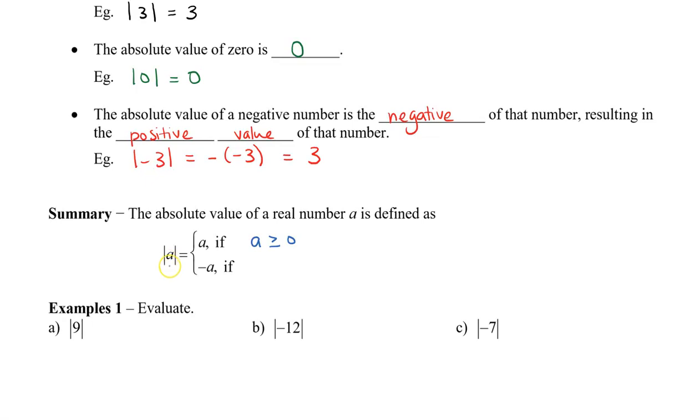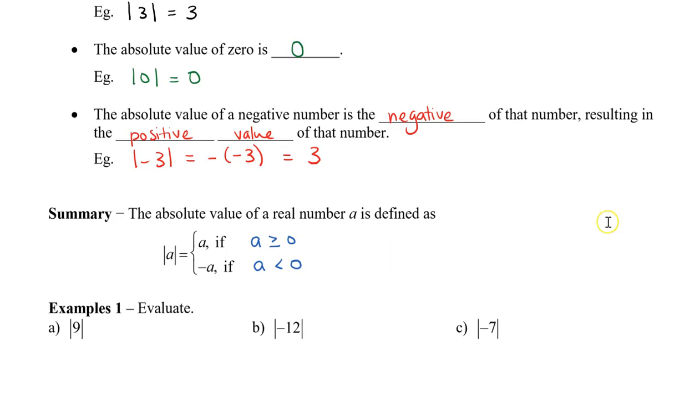And then the absolute value of a will equal negative a if a is less than 0. Now this might seem weird, but remember that a is already negative, so the negative of a negative number will make this second part positive.